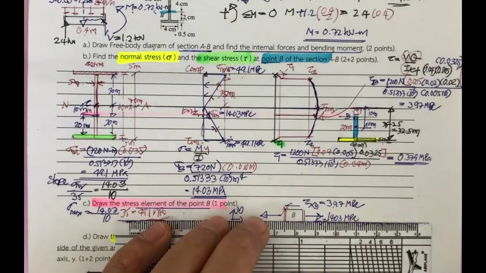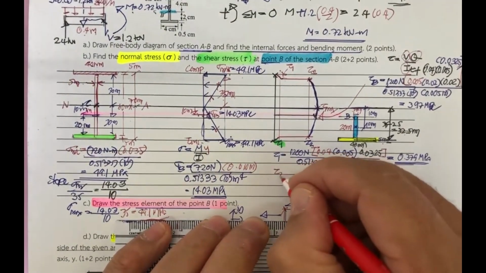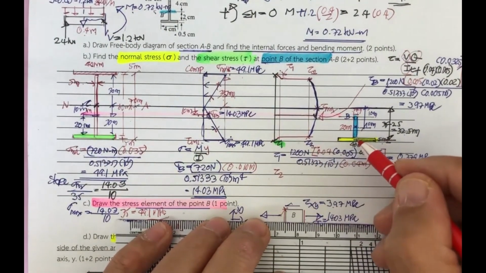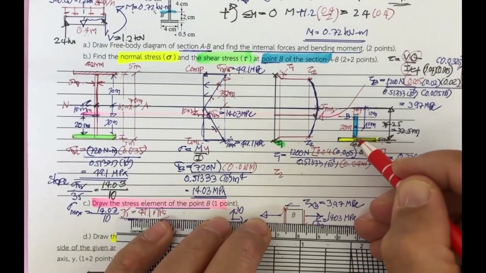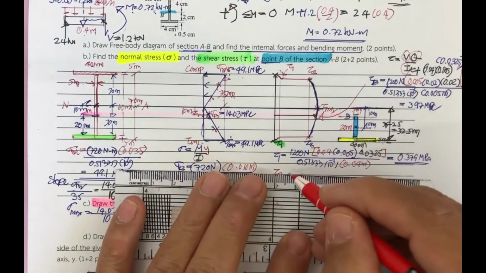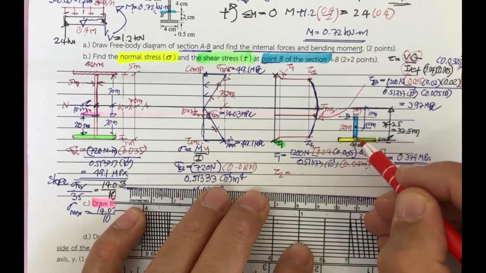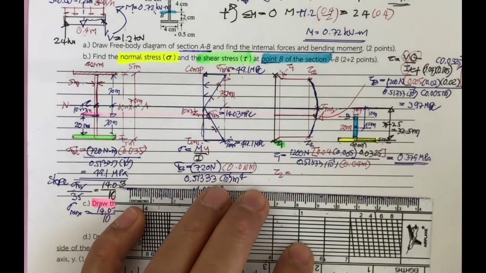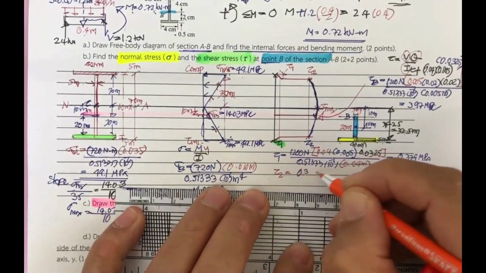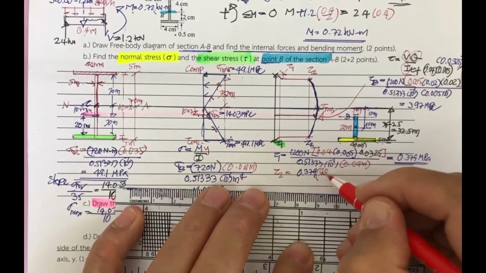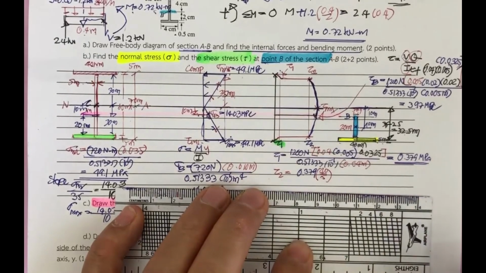Anyway, the next one, you got to determine tau sub 2. Okay, tau sub 2 is based on the width here. And you can see the ratio of the width. This is 40. This is 5. Okay, this can be computed by 0.379 times 40 divided by 5.